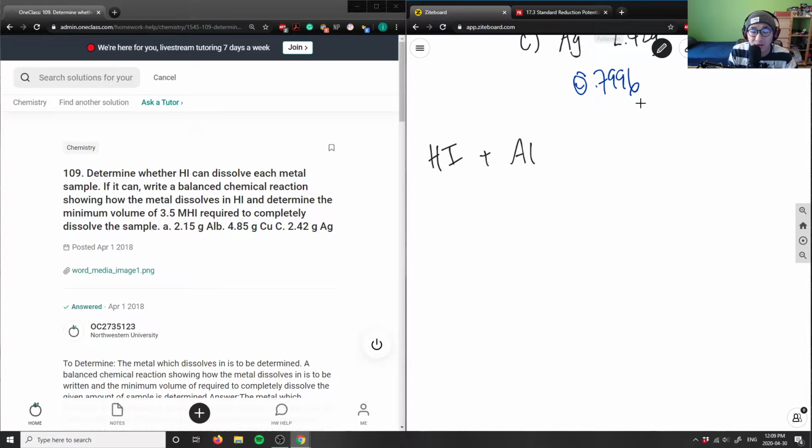So this would react to form aluminum hydride, AlH3, and you would get the iodide negative here. If I want to balance this out, you would get something like this, so 3 iodines here and 3 iodines here. And again, this is an oxidation reaction, so a redox reaction.